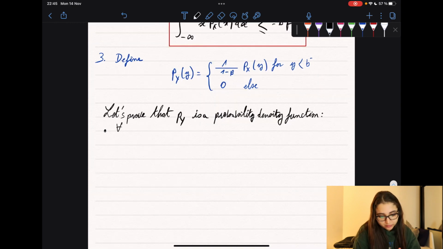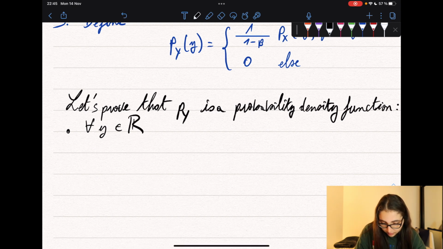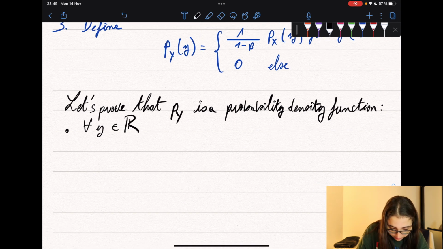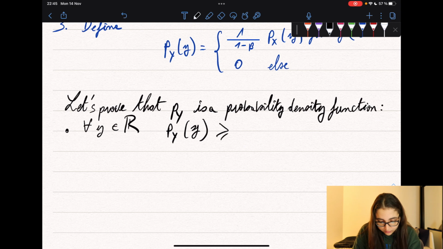What we need to prove is that for any y in the set of real numbers, py of y is higher or equal than 0.